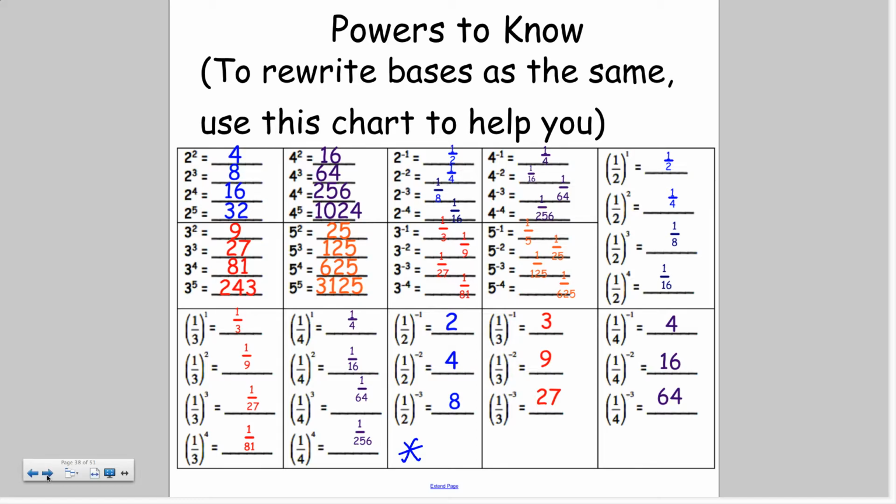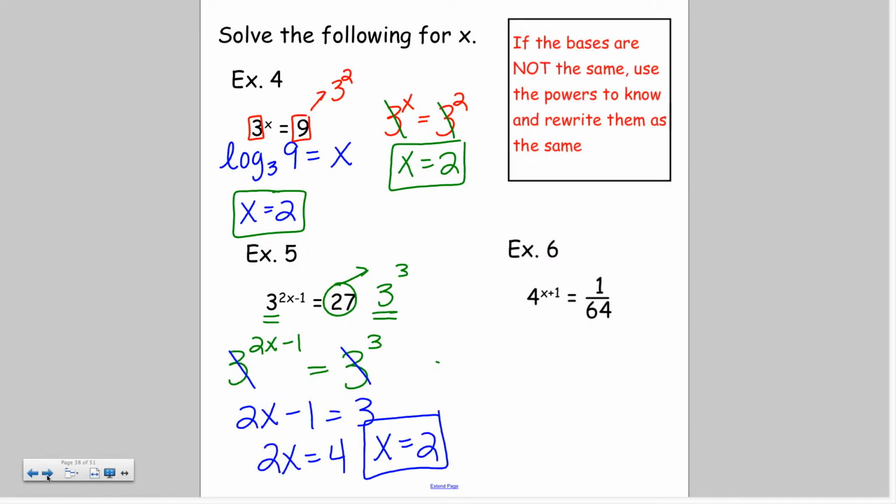So if we go back to number 6, I need to look at 4 and 1 over 64. So because I've got a fraction, that means I had a negative exponent somewhere. So I can't write 4 with a base of 64, but I can rewrite 1 over 64 as a base of 4.